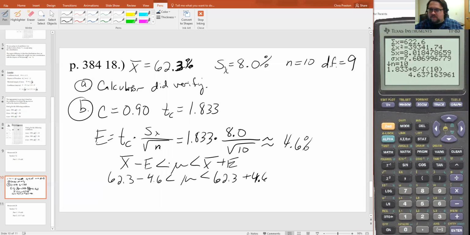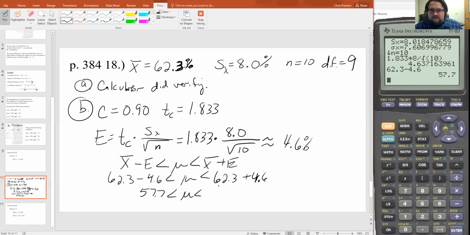So 62.3 minus 4.6 is 57.7, and 62.3 plus 4.6 is 66.9. So somewhere between 57.7 and 66.9 is the percent of hospitals that provide some charity care.